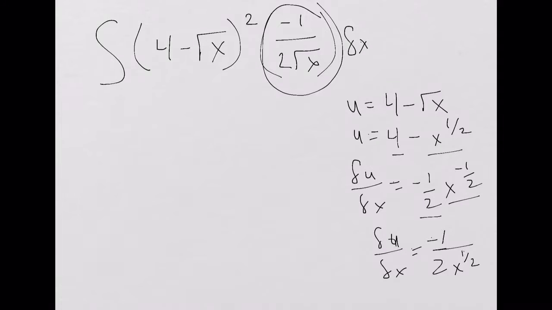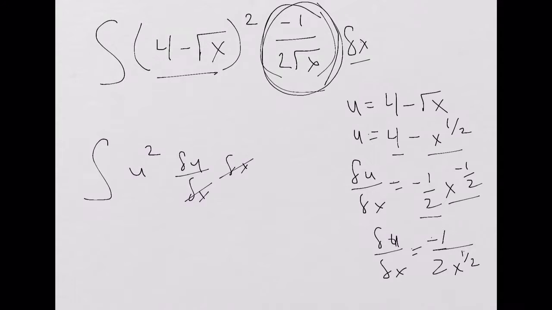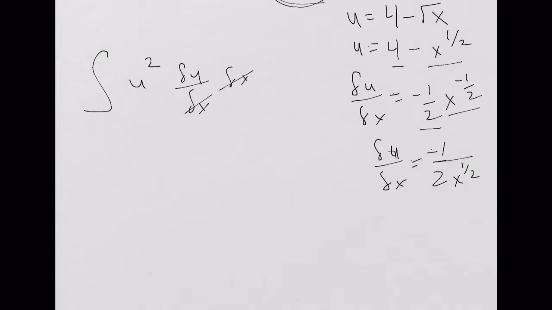So what I'm going to have is this integration of 4 minus root x, which we've called u, squared. This thing is my du dx, and then I still have that dx. And if you look at it, it appears that they cancel out, and so we're going to go with that. It's a little bit different, but algebraically it seems to fit what we think should happen.